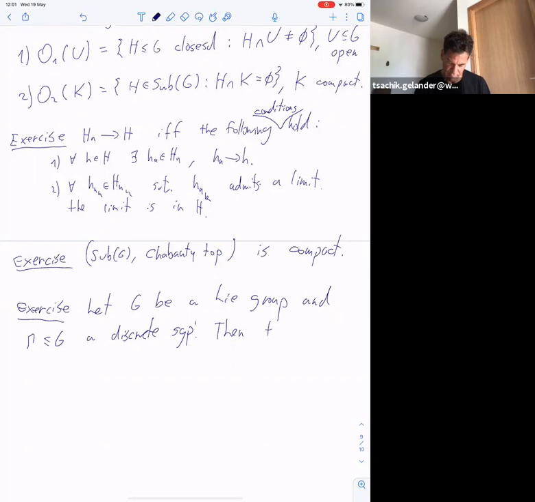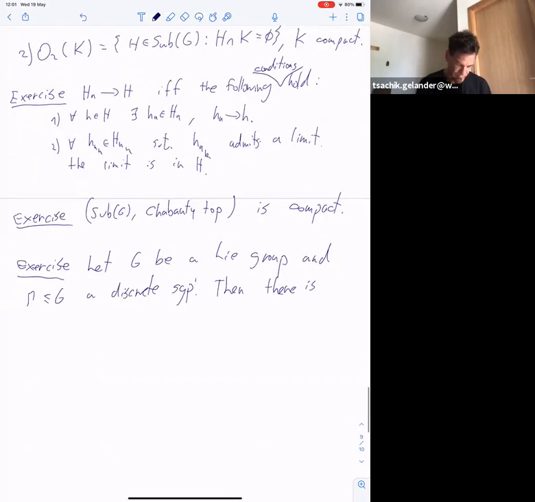Then there is a neighborhood of gamma in Sub G consisting of discrete subgroups.